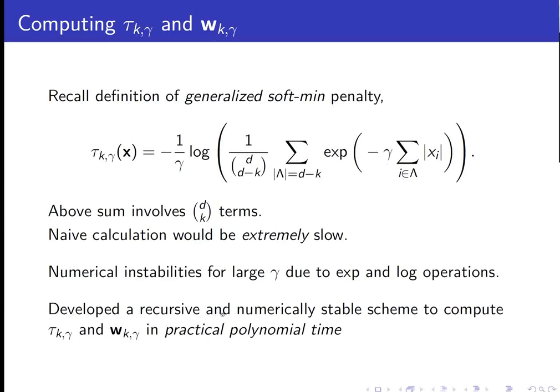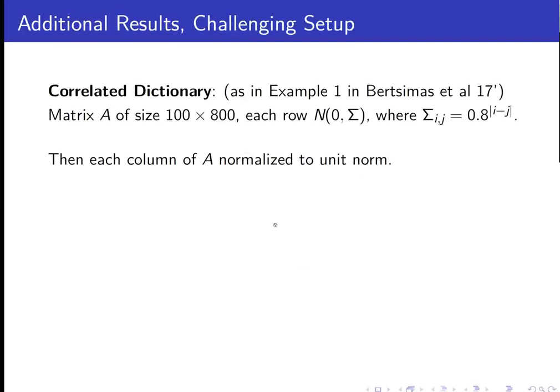And in the last 1 minute that I have, I will show some final results on a different example that appeared in this paper by Bertsimas. Here, the problem is more challenging because the dictionary has correlated atoms.